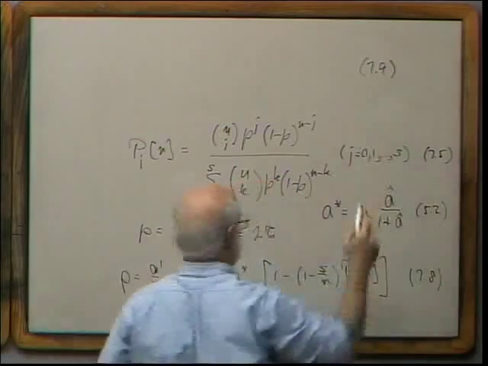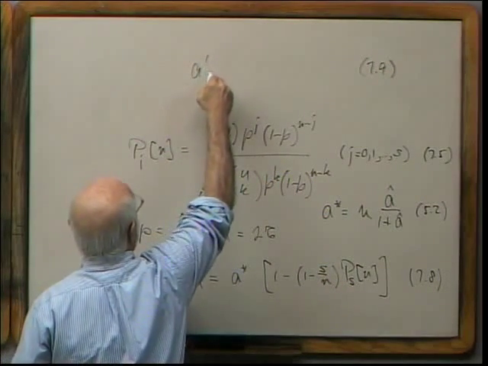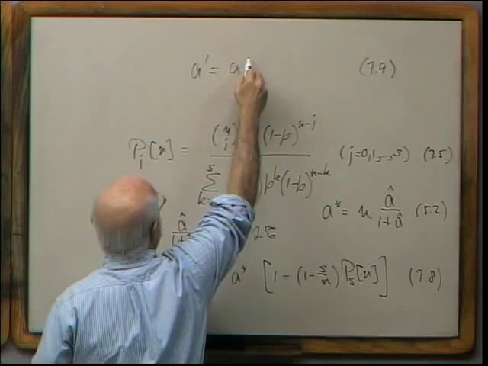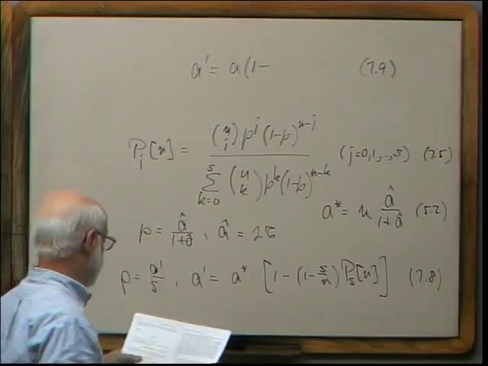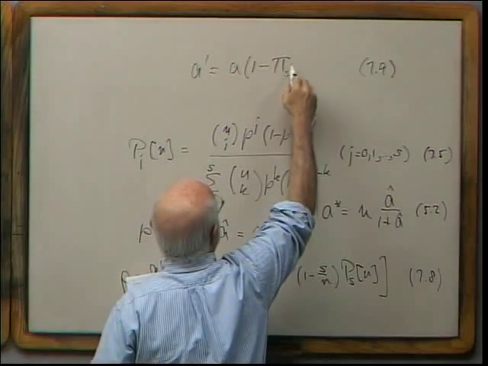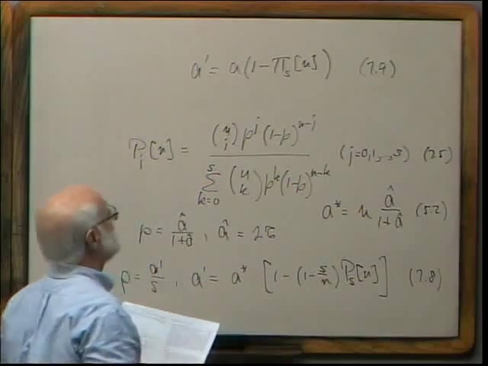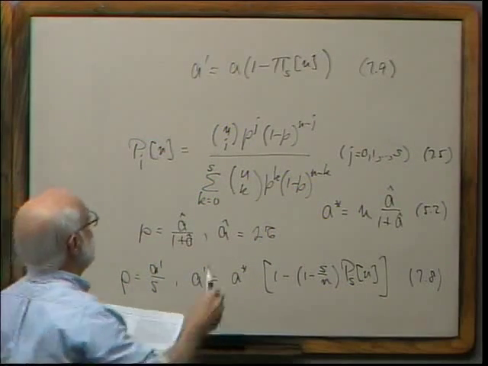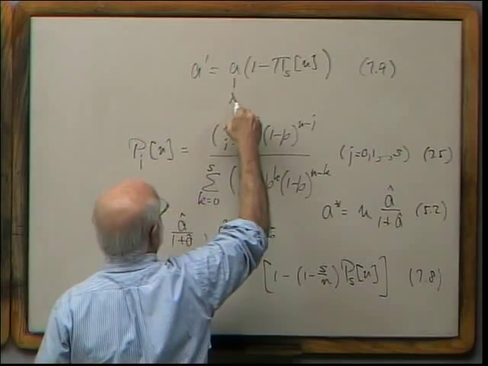There the argument is that the carried load is equal to the offered load times the fraction of the offered load that's carried, and that's 1 minus pi s of n. The reason this is Little's theorem is that A, this guy right here, is the arrival rate times the average service time.